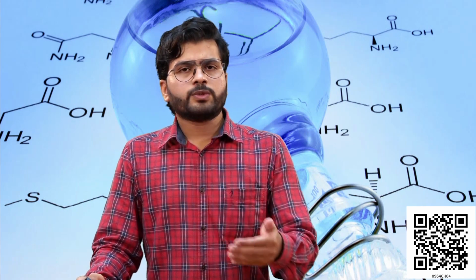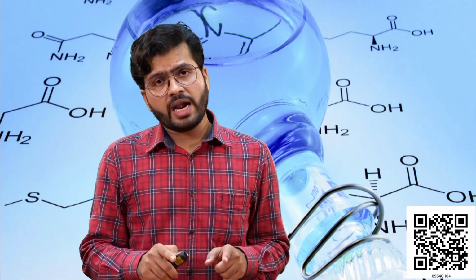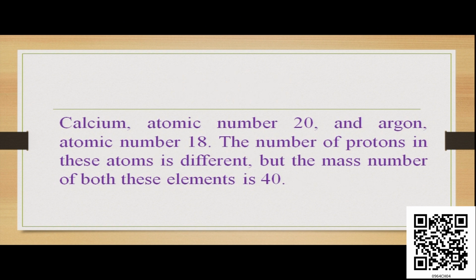This type of species, atoms of different elements having different atomic numbers but the same mass number, is called an isobar. Look at the definition. Atoms of different elements with different atomic numbers which have the same mass number are known as isobars. One example of such an isobar pair is calcium and argon.